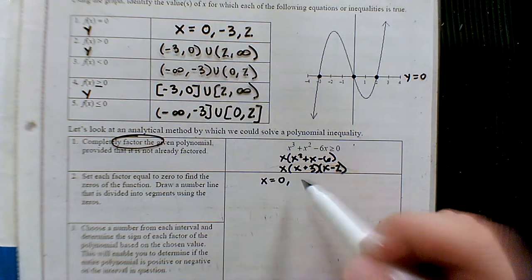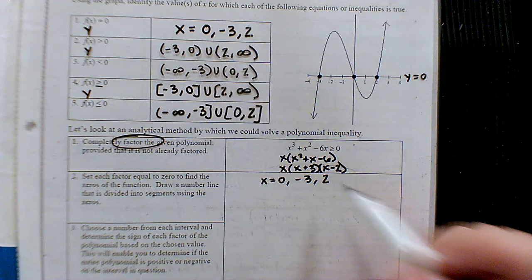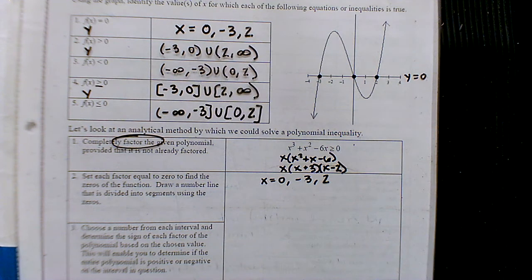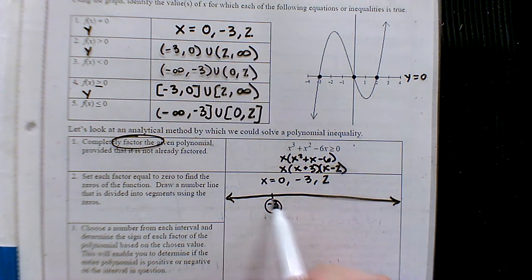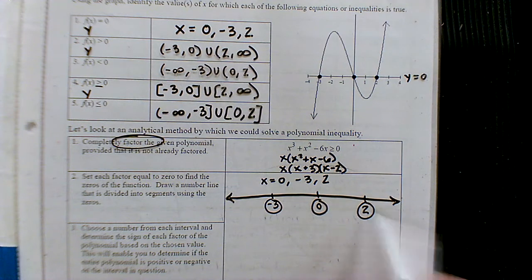Again, we already did that. 0, -3, and 2. And those are going to be the special values that we label on this number line. Remember how we had those special values or the changing points for the absolute value graphs? So we're going to draw our number line, and then in order, we'll list those x-intercepts.